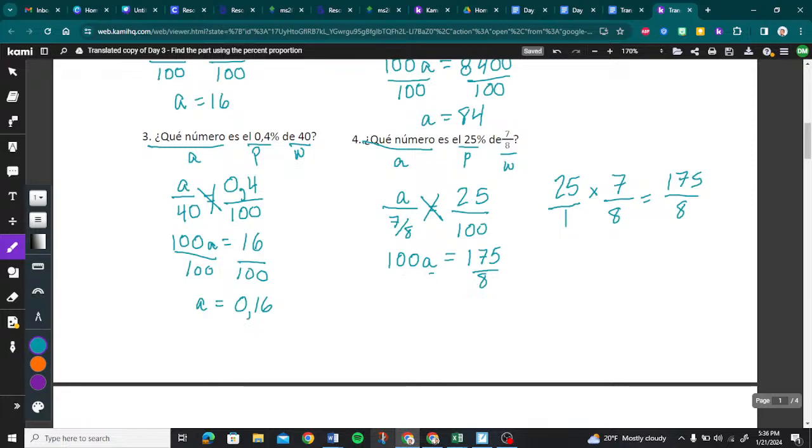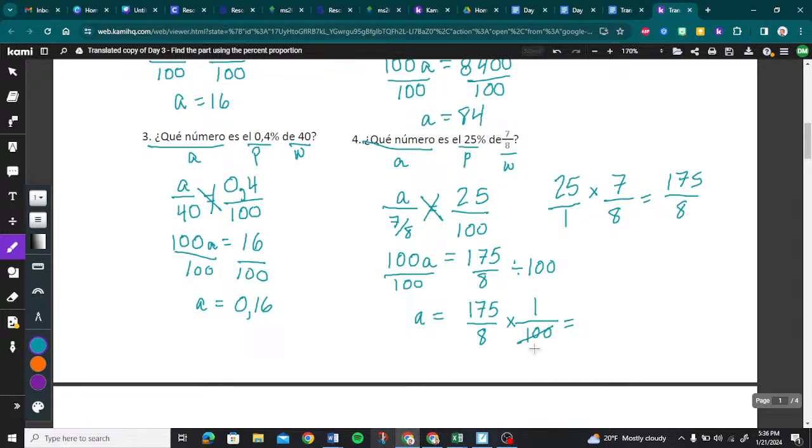We're going to divide by 100. When we divide fractions, we multiply by the reciprocal. 25 goes into 175, and it goes into 100.